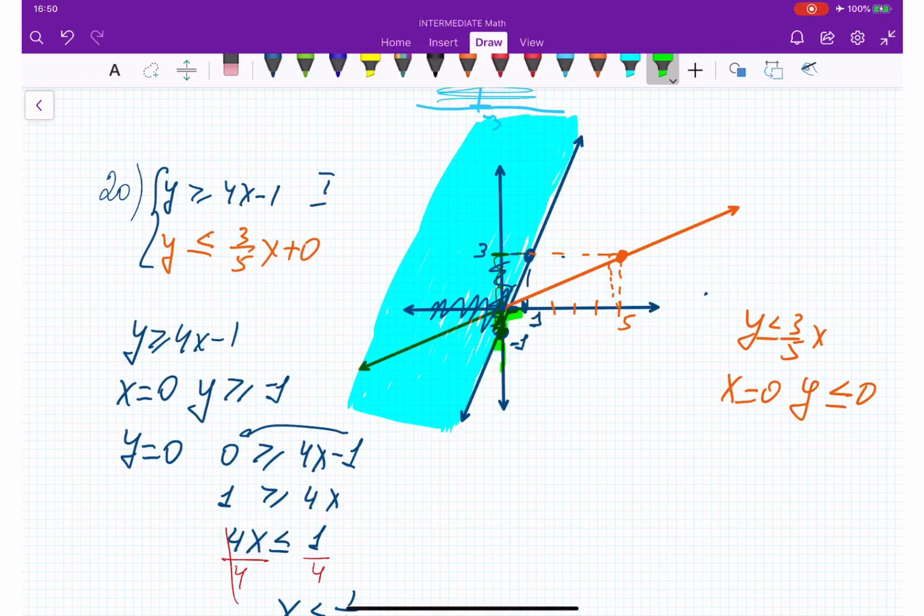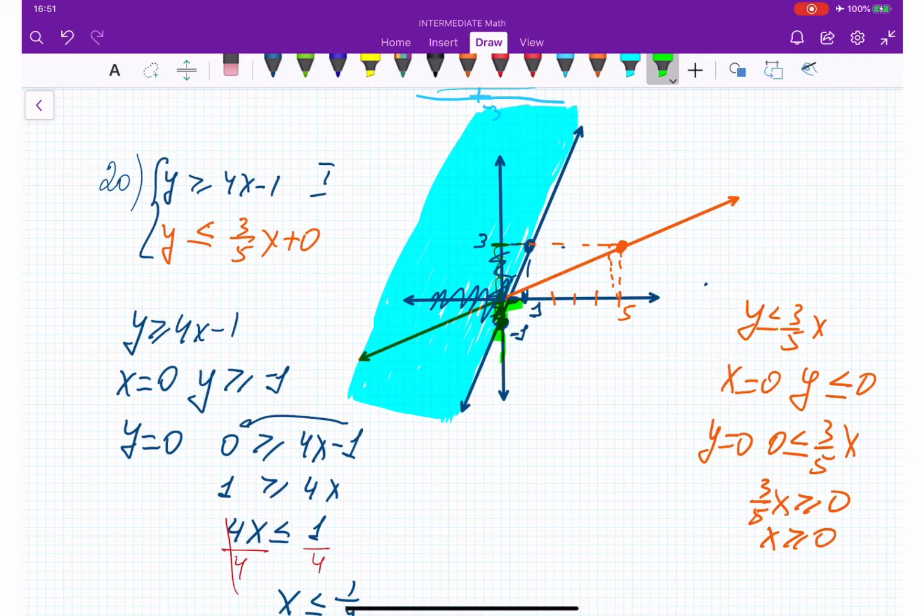And when we have y equal to 0, we get 0 less than or equal to 3 over 5x, which means 3 over 5x is greater than or equal to 0, and x greater than or equal to 0. So x is going to be greater than 0.